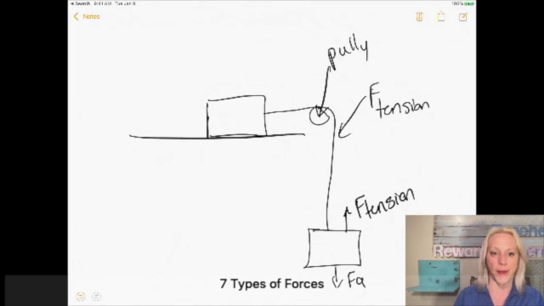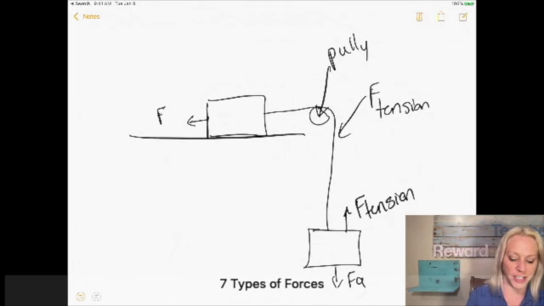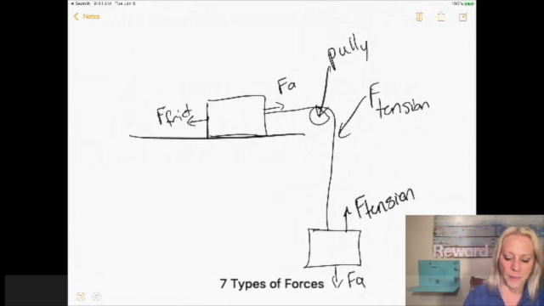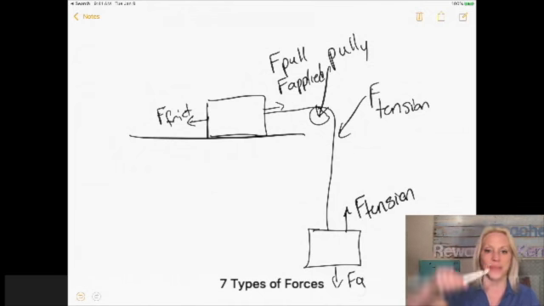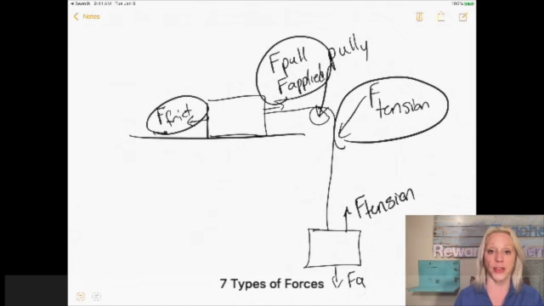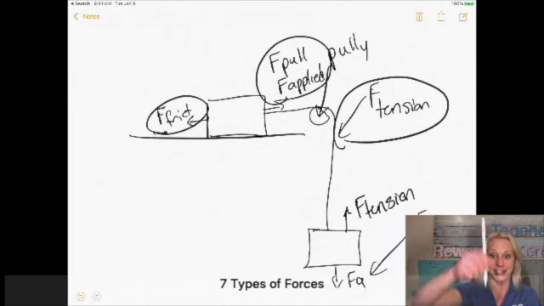And then on the top box, we have force of friction affecting the box on the ground. And then we also have force of applied, or we can even say pull, because it is being pulled this way. So you can see in this, we have many different types of forces acting. So we have frictional force, we have an applied or pulled force, we have force of tension on the rope, and we have force of gravity pulling down the object.